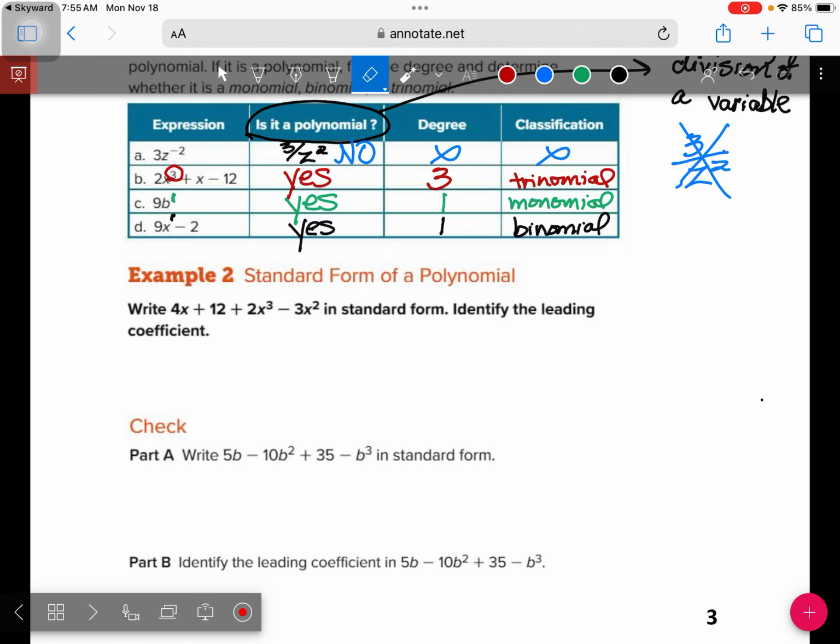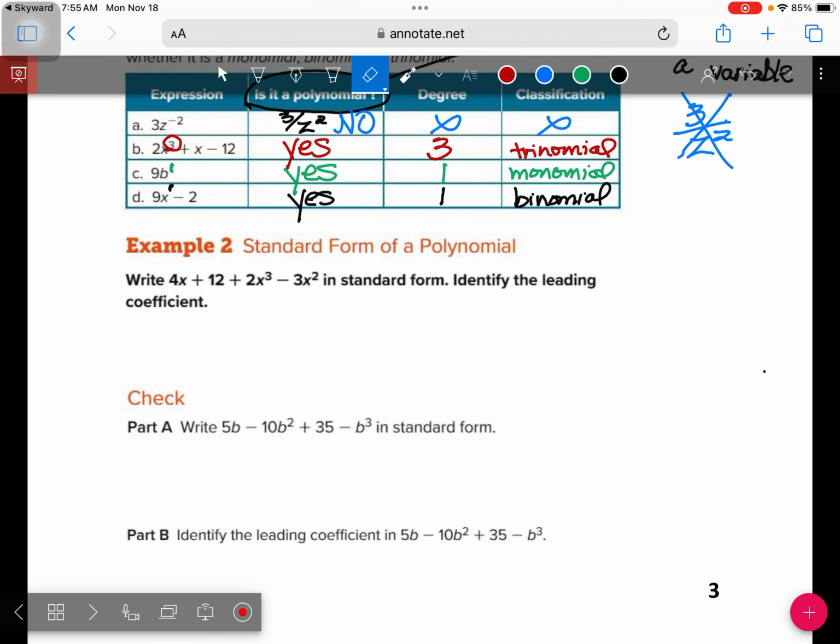Okay, the next one says, write 4x plus 12 plus 2x to the third minus 3x squared in standard form. So that's the first thing we need to do. Then identify the leading coefficient. We have 2 things to do here. What is my first term going to be? What has the highest degree? 2x to the third, yes. 2x to the third has a degree of 3.